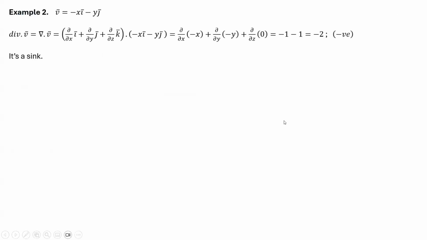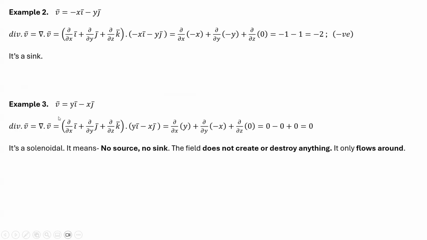We will see another example. Similarly, in this one, we have been told to find the divergence, and we get a negative value over here. So that means it's a sink. Then for this example, all are the same process. They're very easy and hopefully easy to understand for you guys.